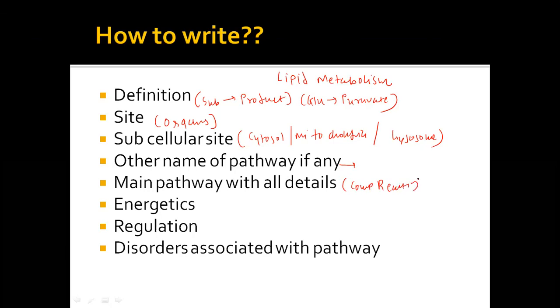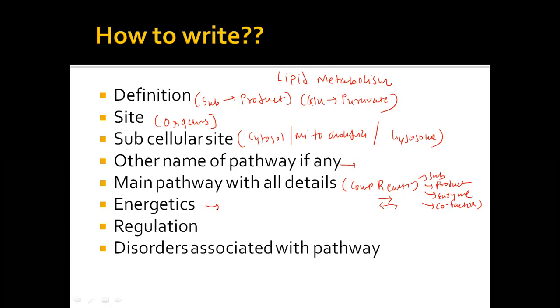So complete reaction will include substrate, product, name of enzyme, cofactor, etc. Also you have to draw the direction of the reaction, whether it is in one direction or it is reversible.